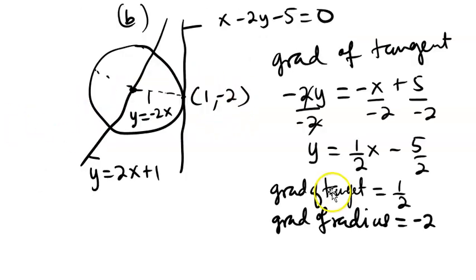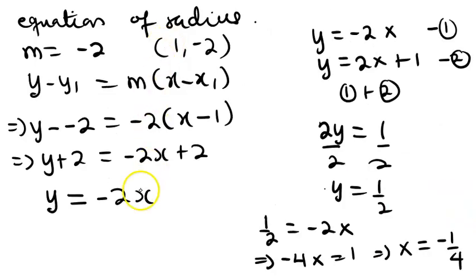Let's go to part 2. In finding the gradient of the tangent or the gradient of the radius, we have B1. In forming the equation, you get M1, and then the correct equation is A1. Then solving the two equations simultaneously, we have A1. Then the correct answer for y and x is A1, minus half for each error.